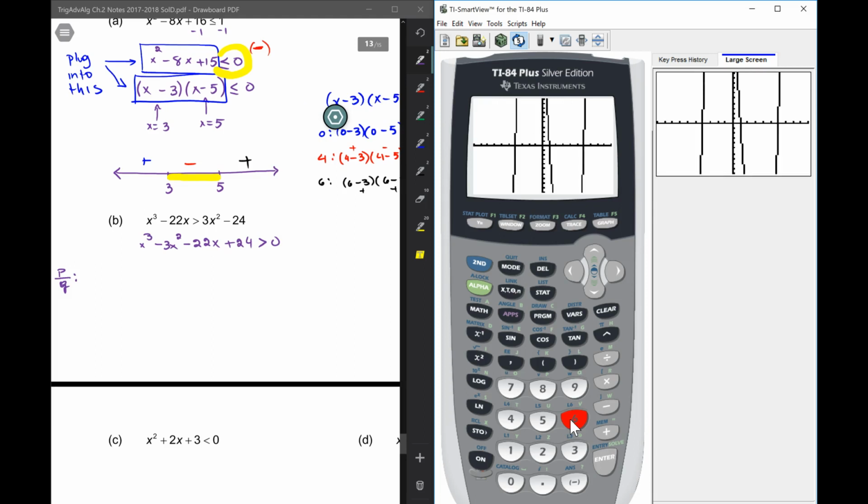Okay, what's one that works here? It looks like -4 works, right? So let's see, trace -4. Yeah, that works. All right, so I'm even going to skip the part about writing the P over Q's, right? So let's go with -4.